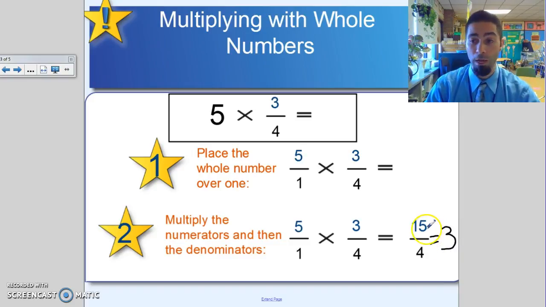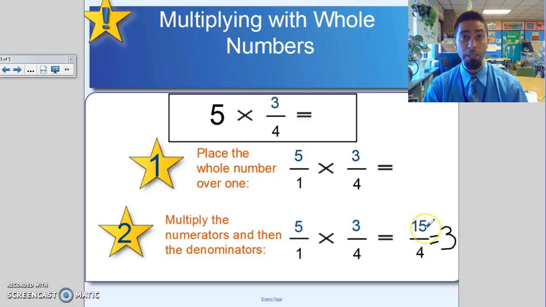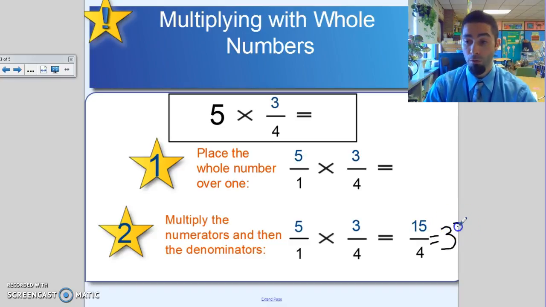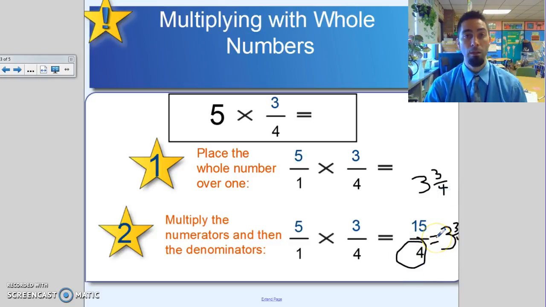And if we do 15 minus 12, we get a remainder of 3, so that would be 3/4. Let me rewrite it up here. It would be 3 3/4, because we put our remainder over the original denominator. Okay? So if you wanted to reduce that, that's what it would look like. 15 over 4 would be written as a mixed number, 3 3/4.